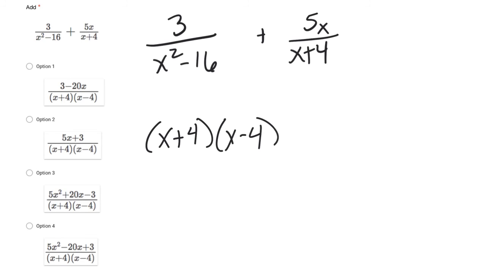If it's an x squared minus some sort of perfect square, whether it be 16, 25, 36, whatever you have, then you're just going to take the square root of the constant and put them into a form where it says x plus that value and then x minus that value. So x plus 4 times x minus 4 gives us the x squared minus 16.